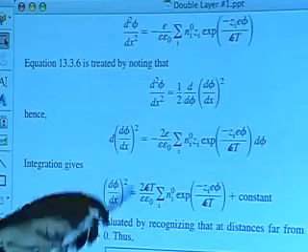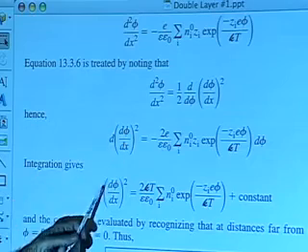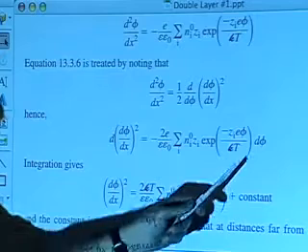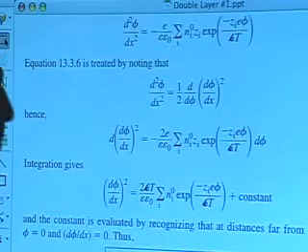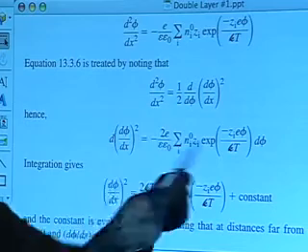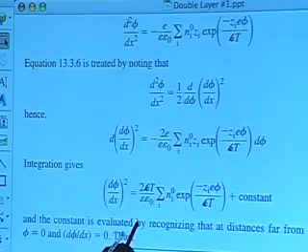So now we're going to integrate. Well, the integral of a derivative of something is just the something. And the integral of a bunch of constants with respect to that variable is just the stuff plus a constant. If this is an equality, then the integral of that must be equal to the integral of that, except that there can be a constant relating one to the other.